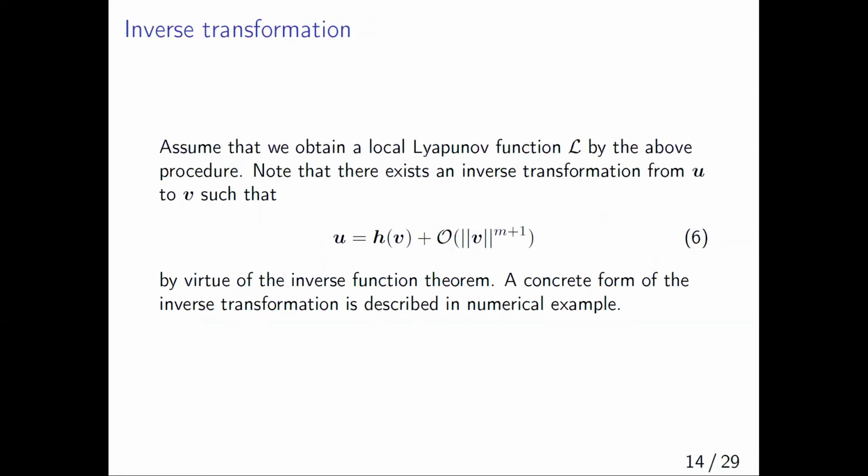Assume that we obtain a local Lyapunov function calligraphy L by the above procedure. Note that there exists an inverse transformation from y to v by virtue of the inverse function theorem. A concrete form of the inverse transformation is described in the numerical example.